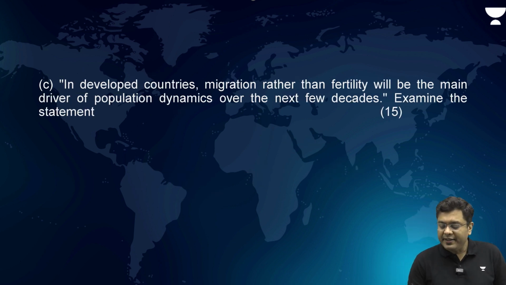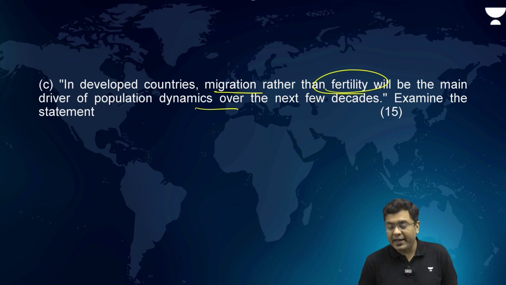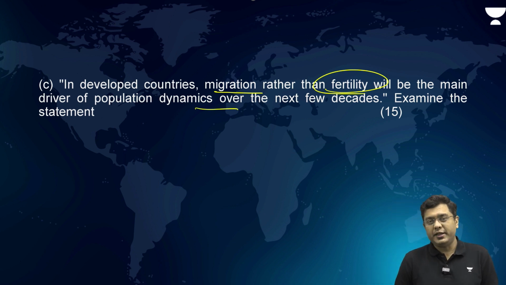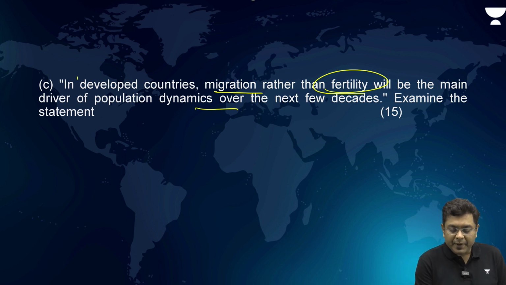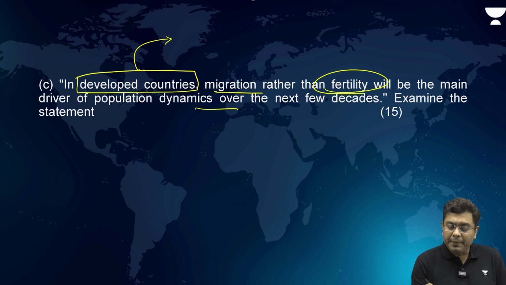In developed countries, migration rather than fertility will be the main driver of population dynamics over the next few decades. Examine the statement. In developed countries, the total fertility rate is low. Most of the developed countries have a total fertility rate which is less than the replacement rate, right?